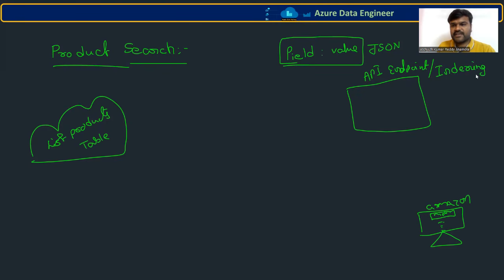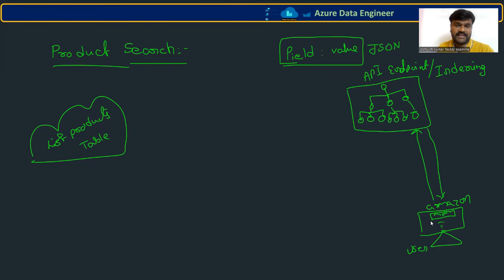All your products are getting indexed here. Then whenever any user searches for any specific product, the request will go here, and then the reply comes quickly. Because if data is not indexed, the data will not load quickly to the user web page.